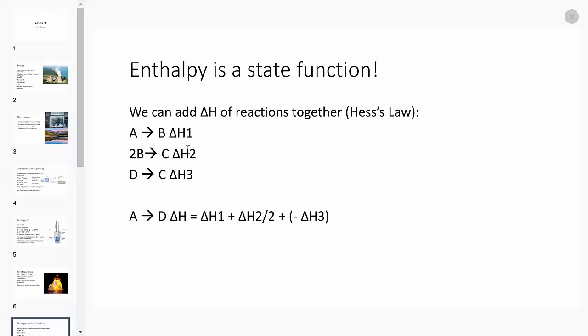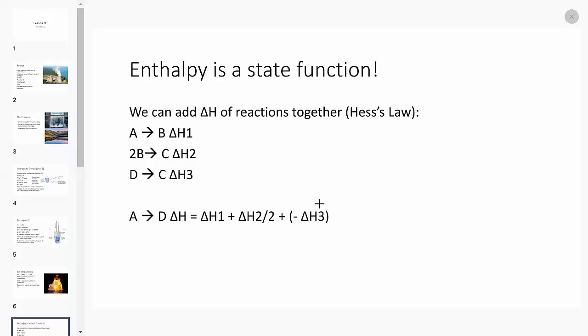So for example, let's say we have A goes to B, 2B goes to C, and then D goes to C. Okay, so we want to find the delta H of A goes to D. So then delta H equals A goes to B plus this divided by 2 plus this divided by 2.